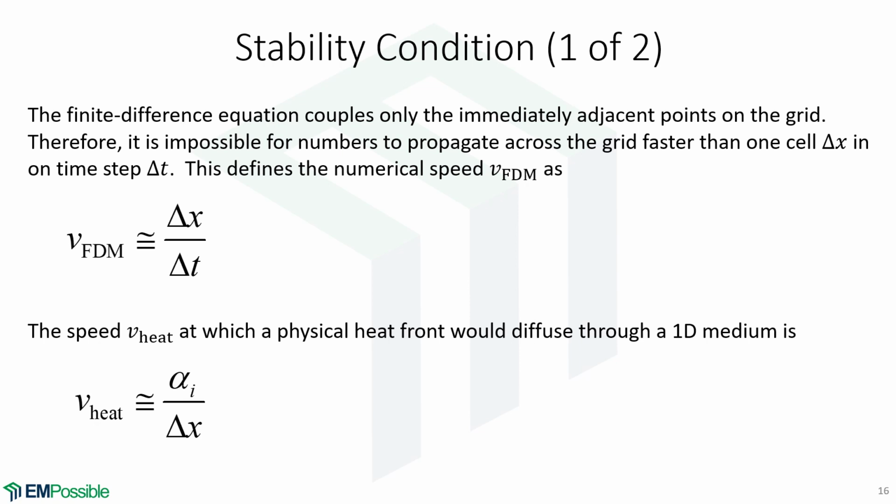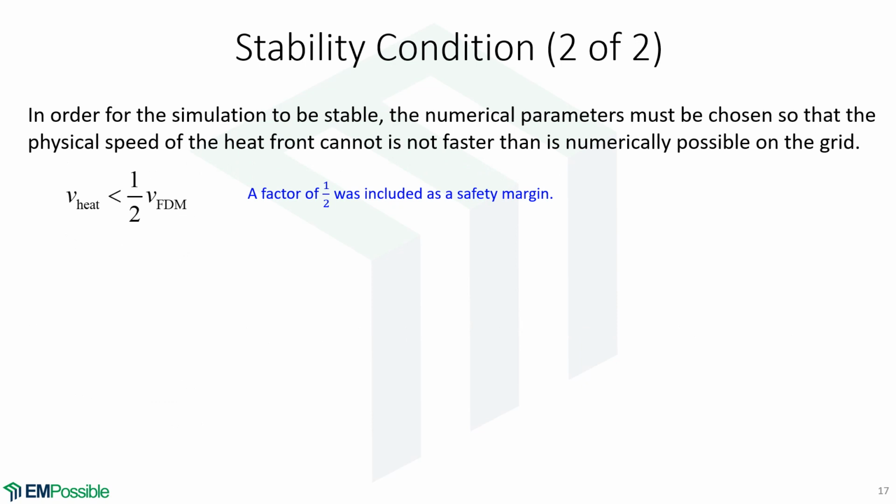My finite difference method can't do that. It can only travel 1 cell in one time step. So if the physical wave ever outpaces what is numerically possible, the simulation will go unstable. So we need the physical speed of the heat to be slower than what is possible with the finite difference method. And that's really what the stability condition says. We want the actual physical speed of heat to be less than what is possible numerically.